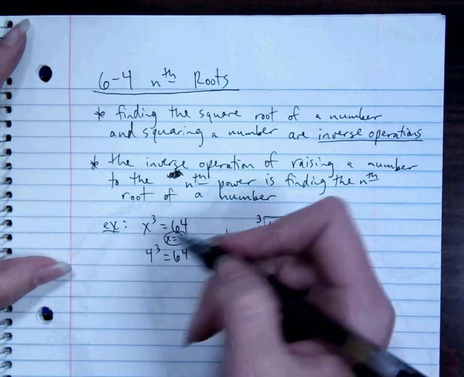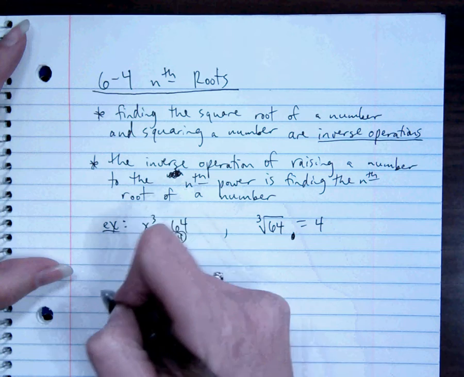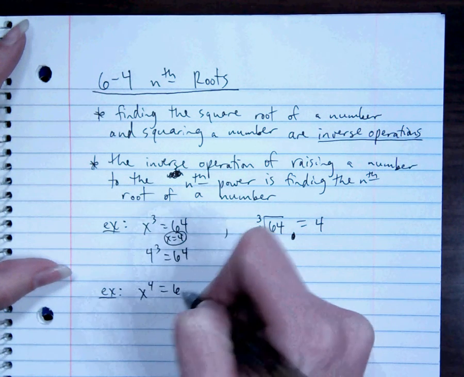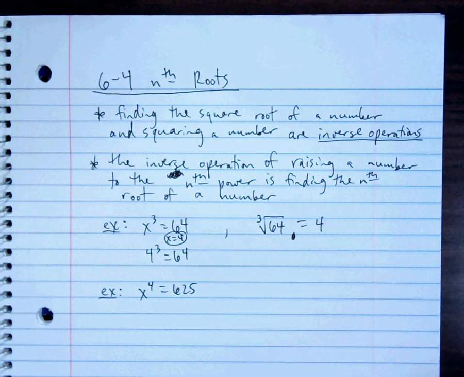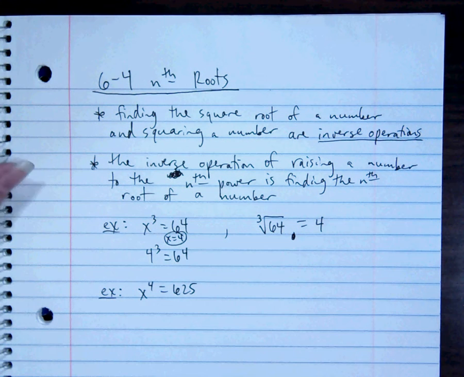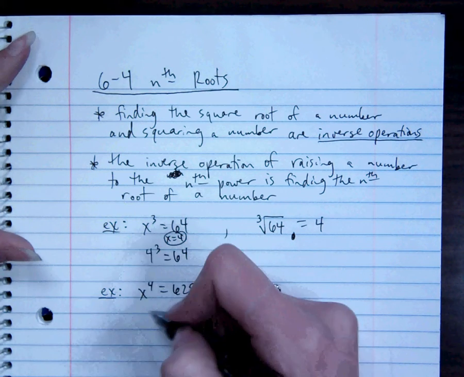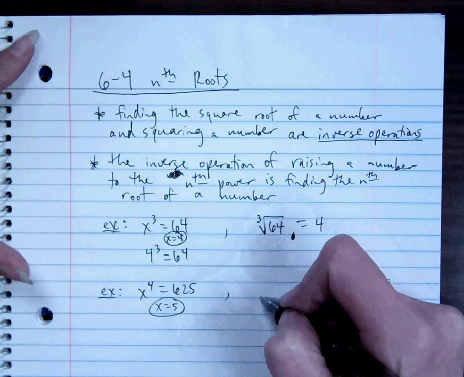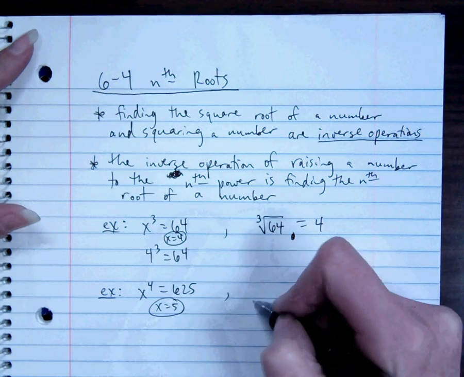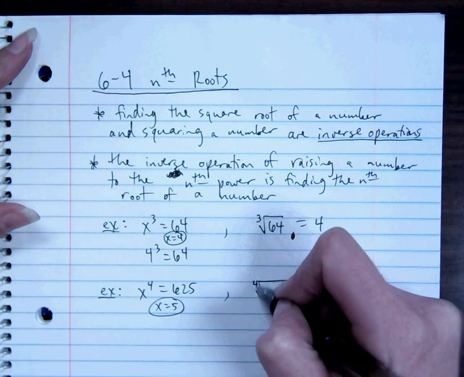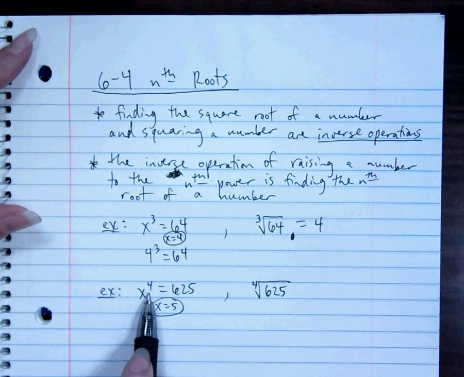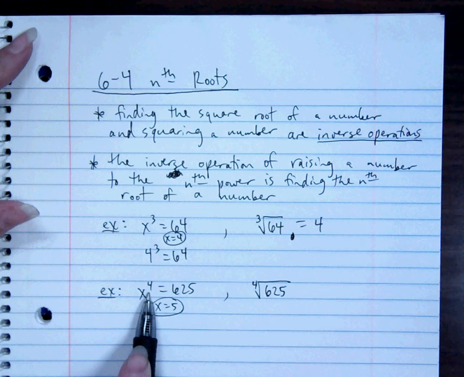Okay, so let's think about another example. x to the fourth equals 625. Eventually, with some guess and check, I hope that you can tell me that 5 to the fourth is what gives you 625. But a different way to do that, we're basically saying, okay, so if we wanted to solve this problem, an easier way would be if we do the fourth root of 625, because a fourth root will undo something to the fourth power.